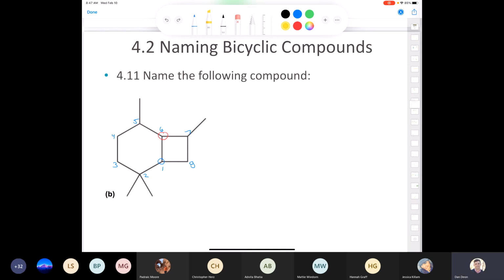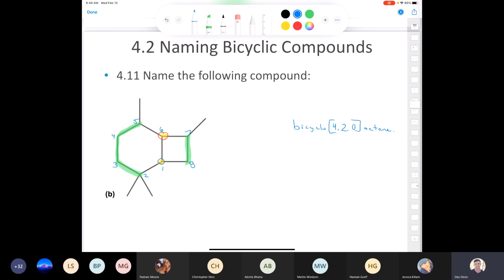And if you're like, I'm not sure, Mr. Dion, I know this is some kind of bicyclo octane because I've got a total of 8 carbons. That's true. Okay, but let's look at the bridges. Here we have our bridgehead carbons. In this bridge, we have 1, 2, 3, 4 carbons. In this bridge, we have 2 carbons. So we've got a 4, then a 2, but there's no other bridge. There's nothing like this or anything like that. So the last bridge is actually a 0.